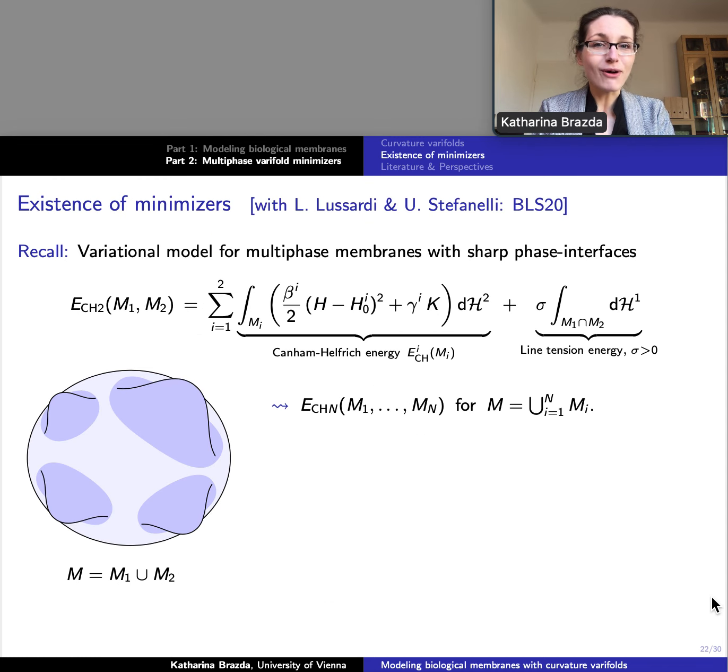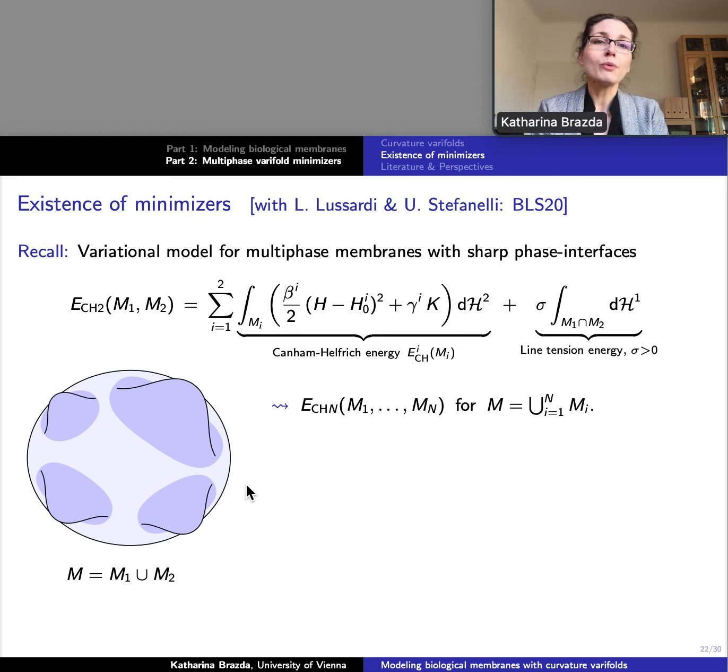So now we have all tools at hand to prove existence of multi-phase minimizers for the Canham-Helfrich model. And let me briefly recall the problem, which I've considered in a joint work with Luca Losardi and Ulisse Stefanelli. Our aim is to describe multi-phase vesicles with sharp phase interfaces like this.